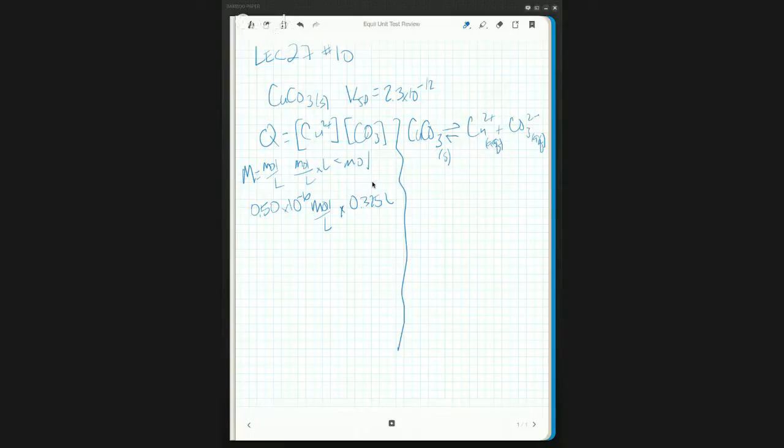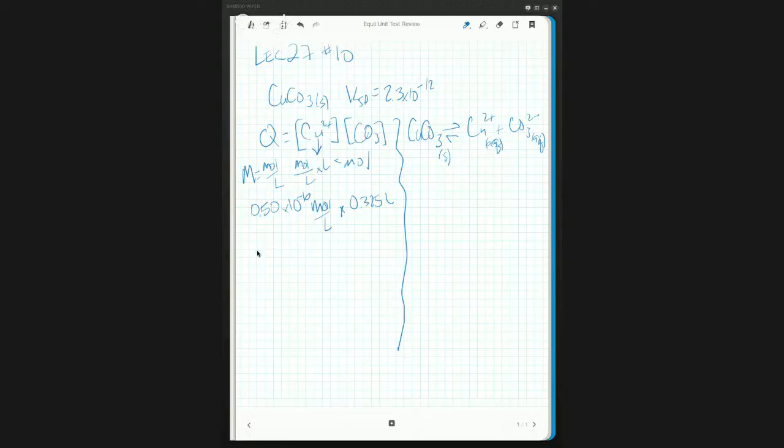When I plug that in, I get 1.6 times 10 to the negative 7th. Oh, and this whole time I've been saying Cu, this is Cu2+.